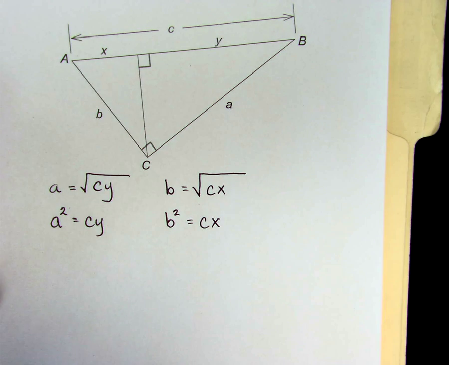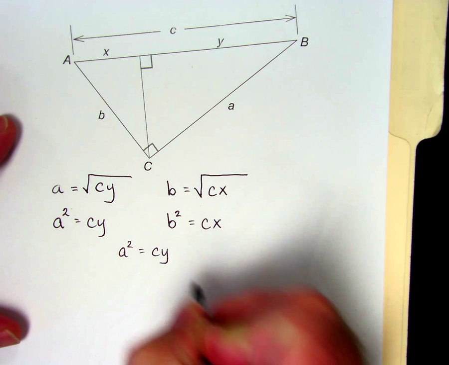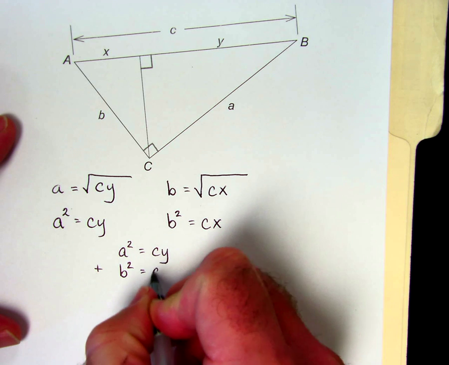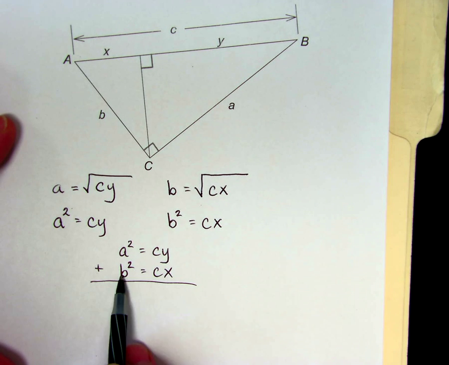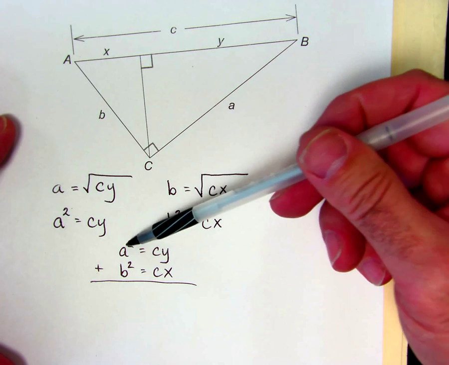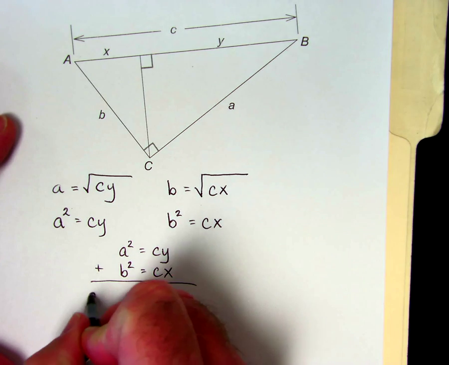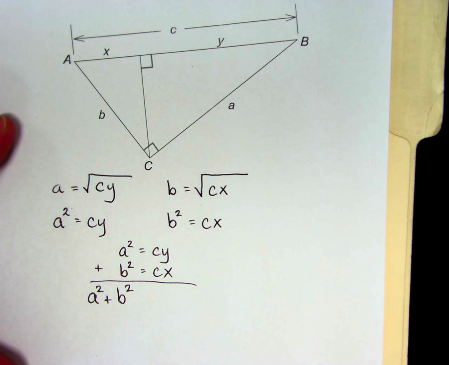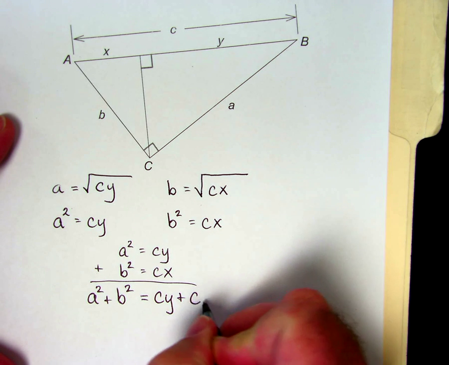If I show it this way, we have A squared equals C times Y, plus B squared equals C times X. Since these two things are the same, I am adding the same thing to both sides of that equation. So on the left side, I would get A squared plus B squared, and that equals on the right side C times Y plus C times X.